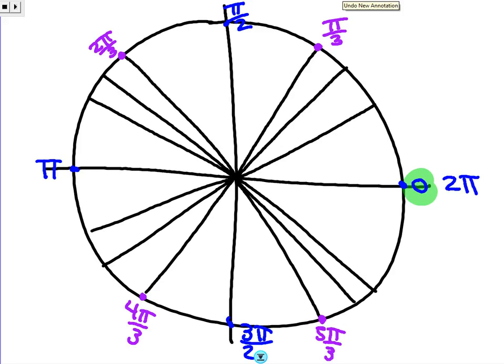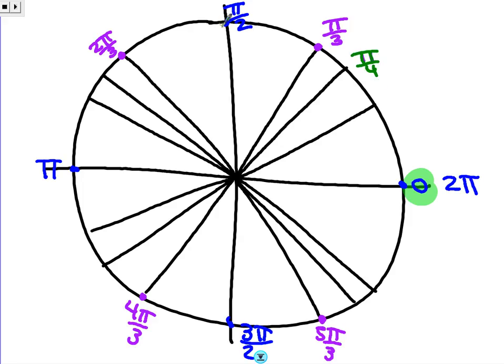Quarters? Okay, let's cut them into quarters. If I took 90 degrees and cut it in half, where would I be? 45. Alright, so when we're doing quarters, we're talking about pi over 4. So we're talking about 1/4 pi. Pi over 4. 1/4 pi, 2/4 pi.